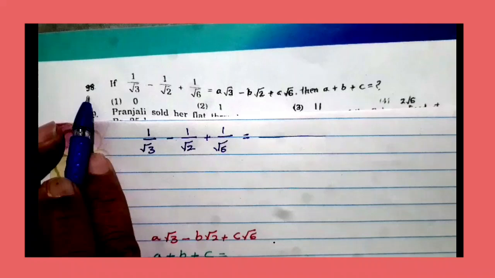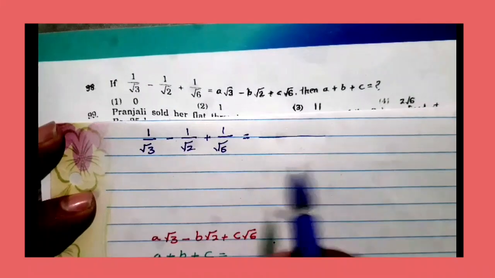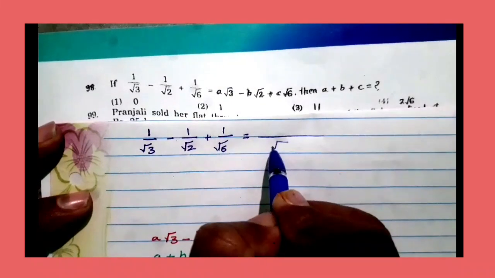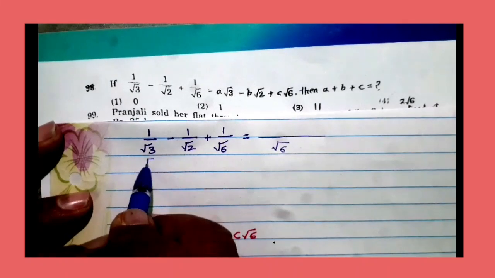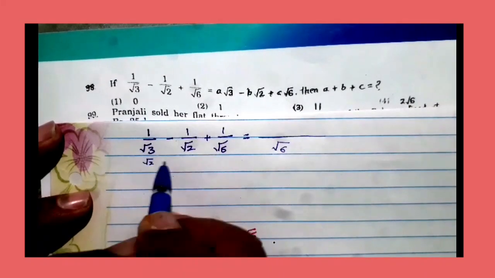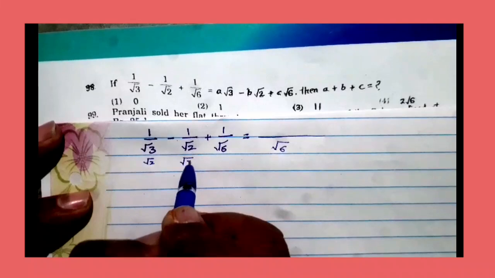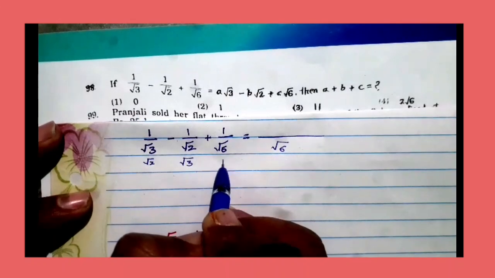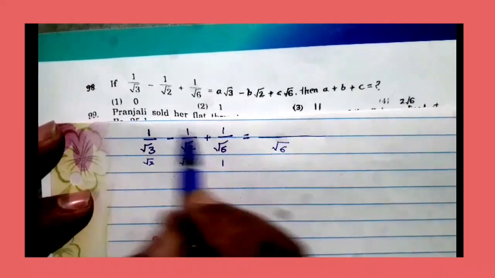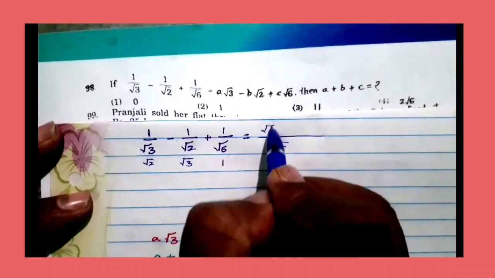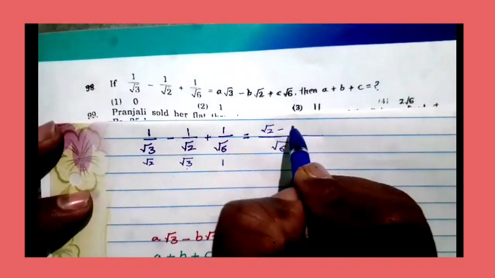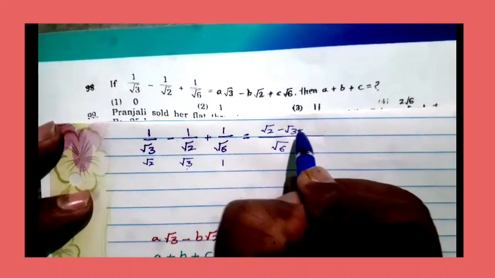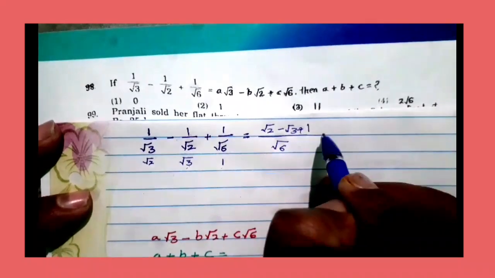Question number 98. For this value, the LCM of all is 6. That is multiplied by root 2. This is root 3. This is 1. Root 2 into 1 is root 2, minus root 3 into 1, root 3 plus 1.